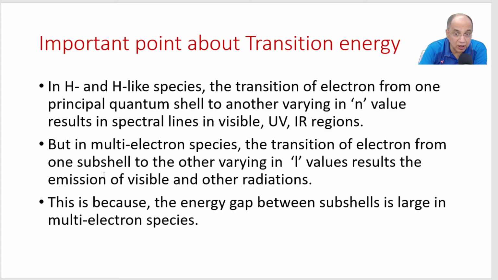But in multi-electron species, the transition of an electron from one subcell to the other will throw out energy which will be in agreement with the UV visible region. For example, in sodium, one electron in the 3s level will be excited to 3p, and on de-excitation it will give the characteristic radiation.